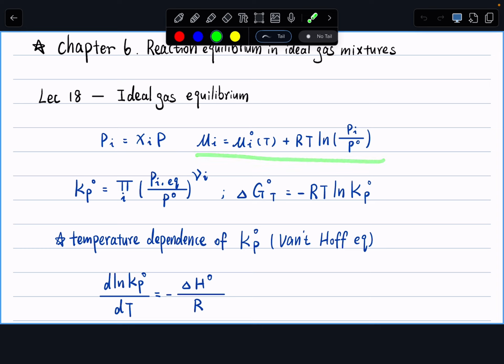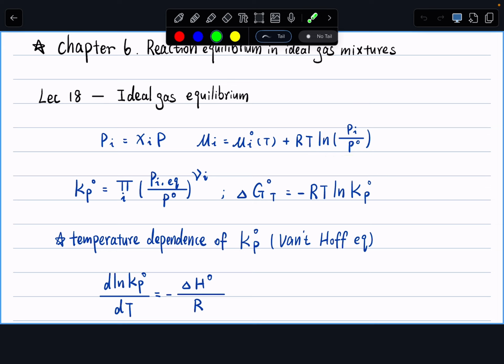And then from there, we defined the chemical potential of your ideal gas species i equals the standard chemical potential of your species i plus RT ln of P partial over P naught. In here, this is talking about the standard chemical potential of your pure ideal gas species i at 1 bar. So here it's just using the ideal gas law to address the pressure changes, that's all.